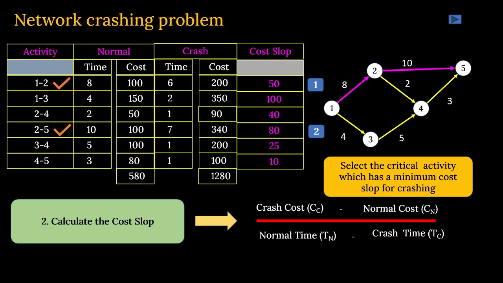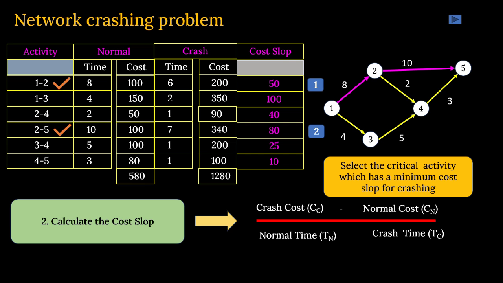So I repeat once again: first of all you calculate the critical activities, and the project duration will come out accordingly. We already know the normal cost of the project, the direct cost. Then we calculate the cost slope of each activity by applying the formula, then find out which are the critical activities, and crashing will be done on the critical activities.